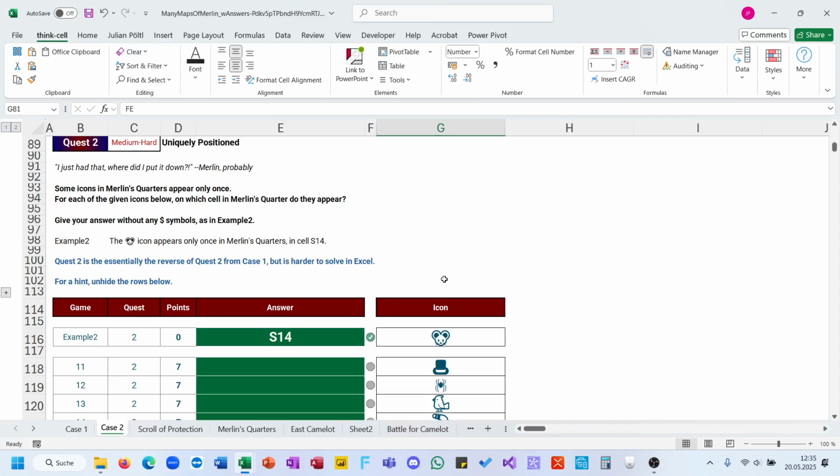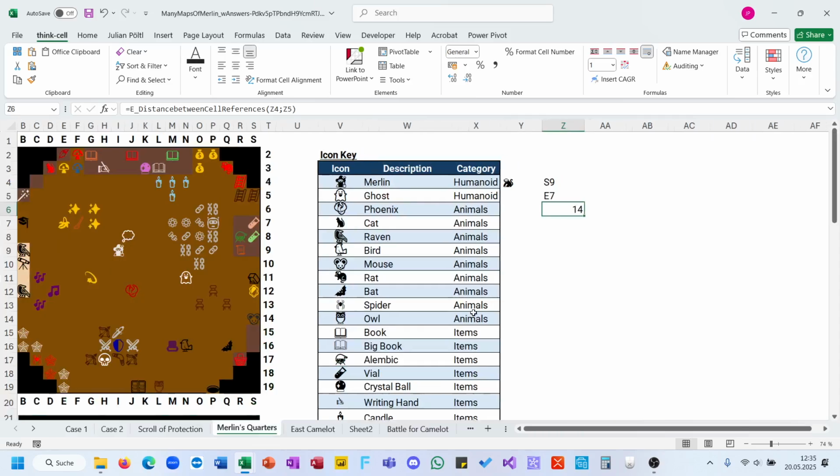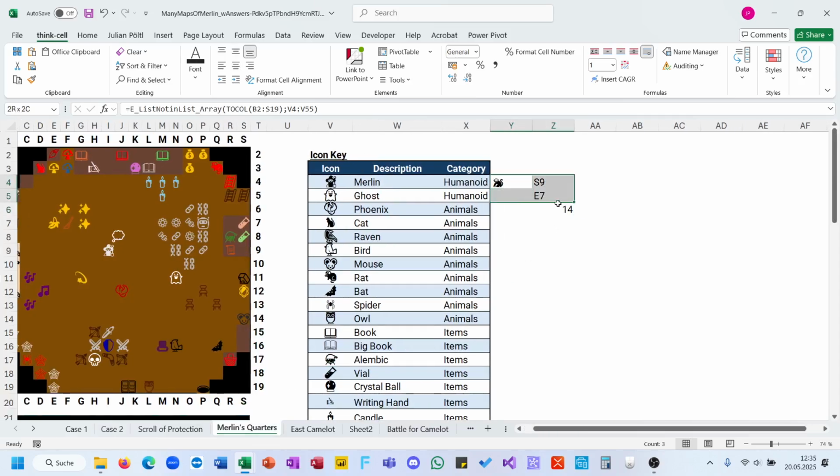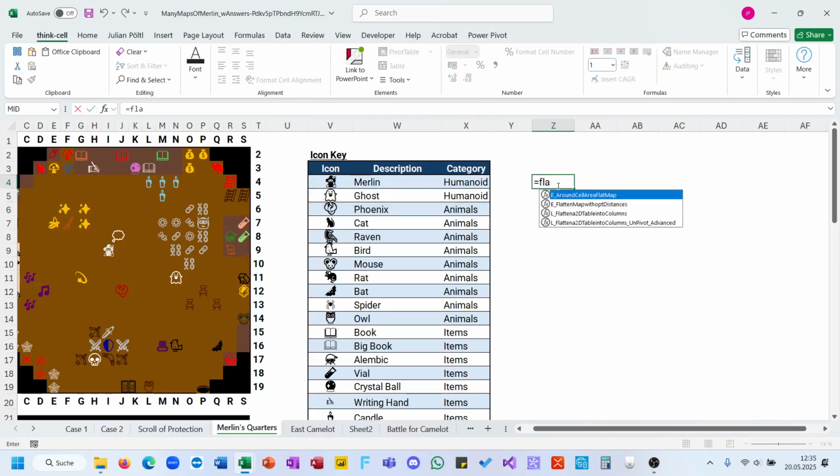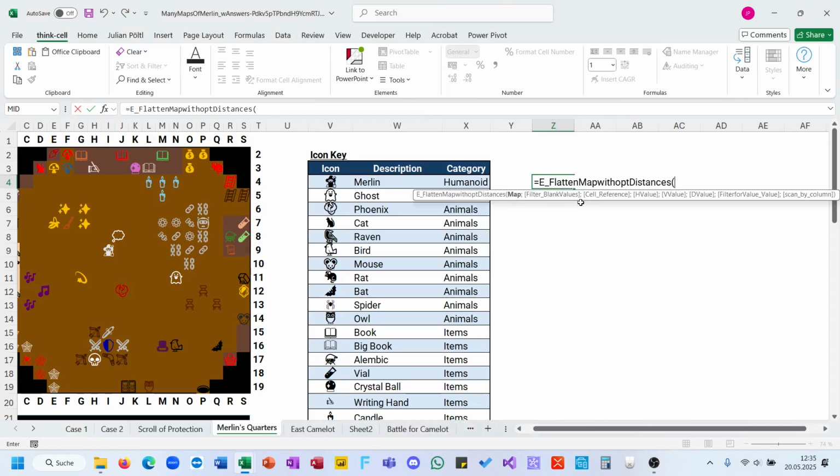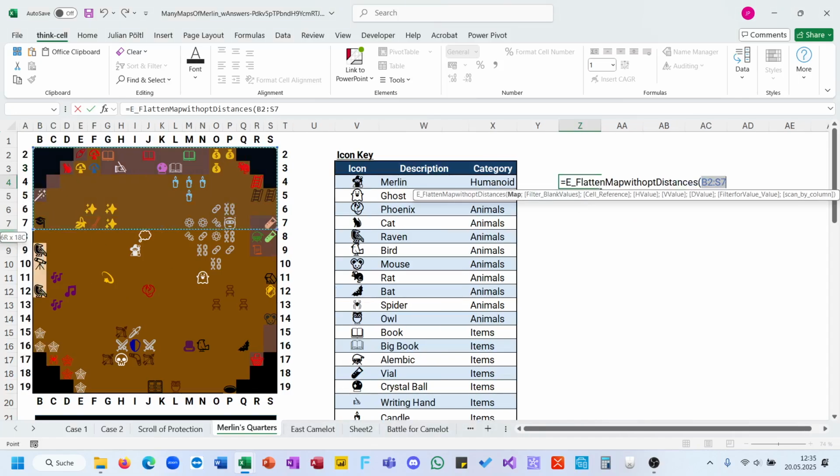On which cell do they appear? Many maps of no Merlin's quarter. Flatten map. This is the map, and I want to flat it.